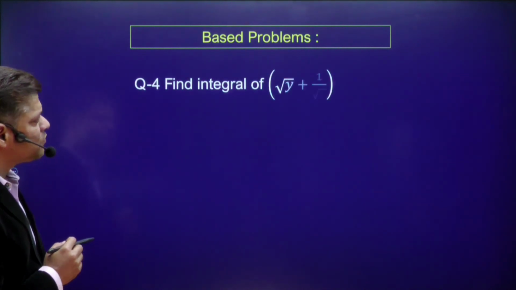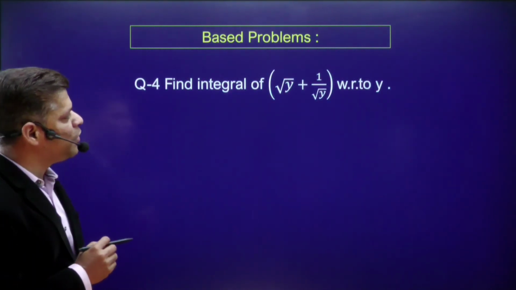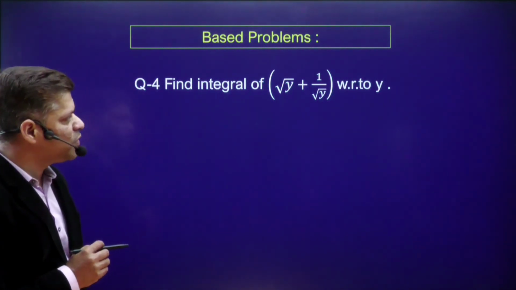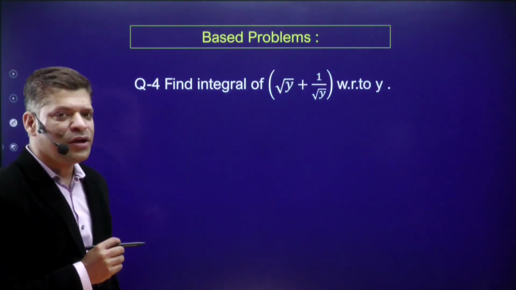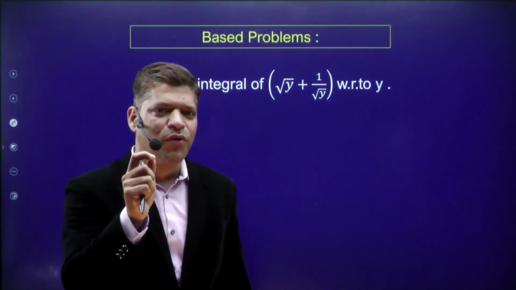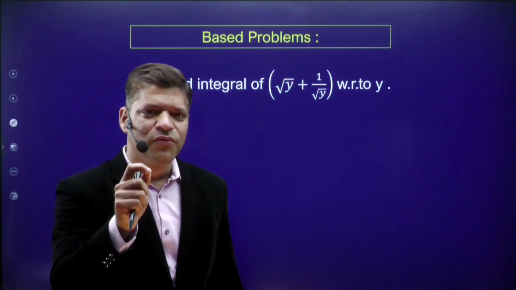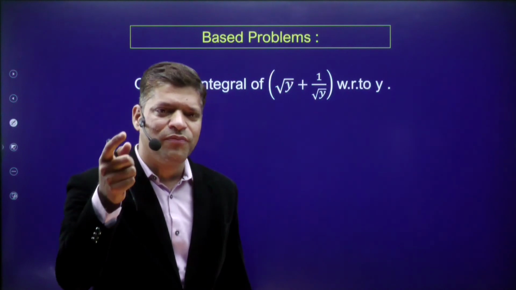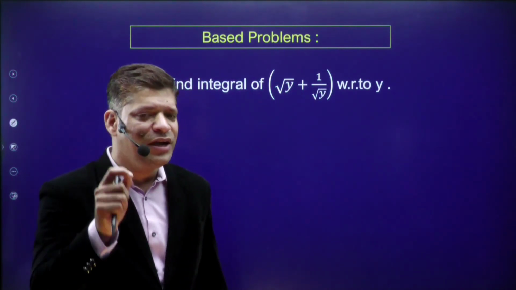So the next problem, my dear students, we have to find the integral of (square root of y plus 1) upon root y with respect to y. Whenever you are finding an integration, you have to check two things: the variable of the function, and the variable with respect to which you do the integration.